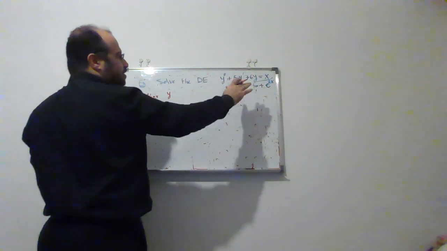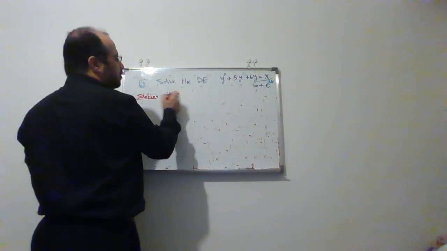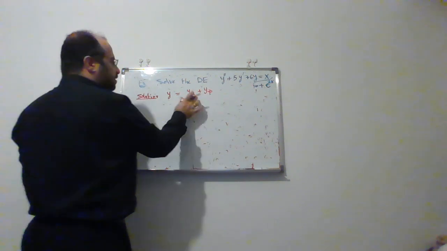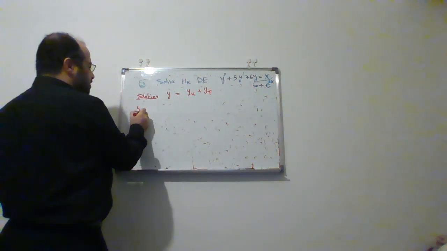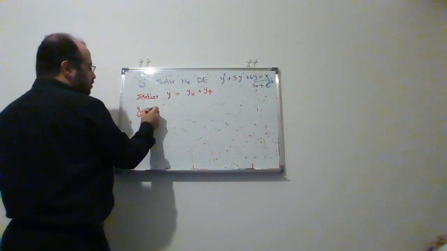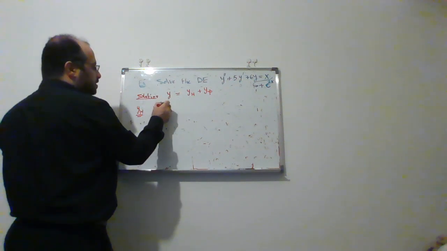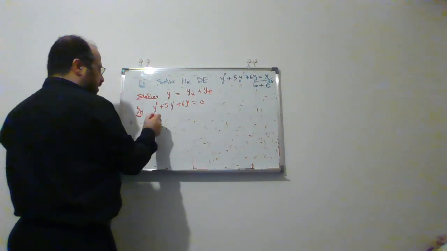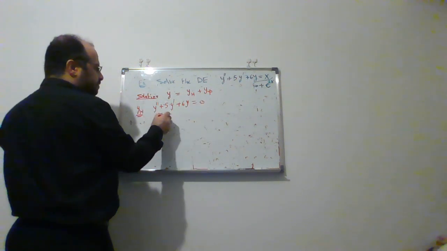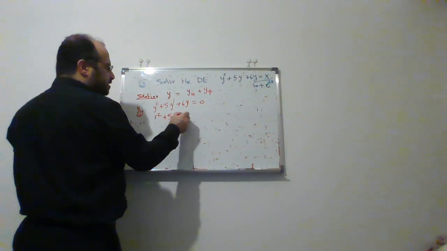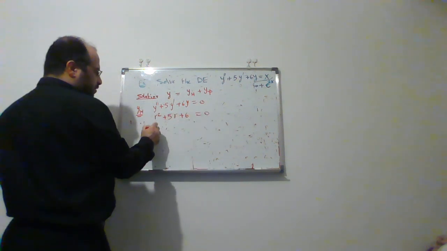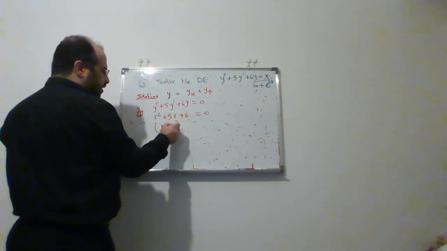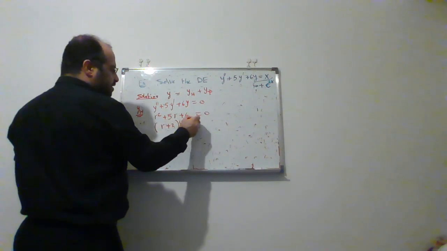So let's first go as y will be y homogeneous plus y particular. I don't have any trouble in y homogeneous. For y homogeneous you go with y double prime plus 5y prime plus 6y equals 0. Then you get r squared plus 5r plus 6 equals 0, and then r plus 2 and r plus 3 equals 0.